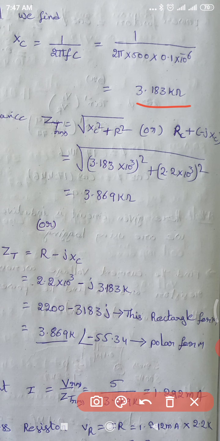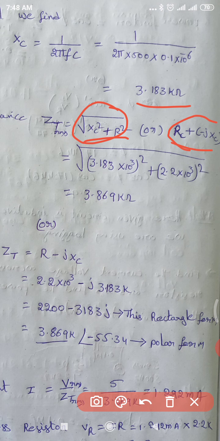Now we have to find Z in polar form or rectangular form. We can find Z in this way or in this way also. This gives the RMS value of Z, and this gives the polar and rectangular forms of Z. Why do we find the RMS value?